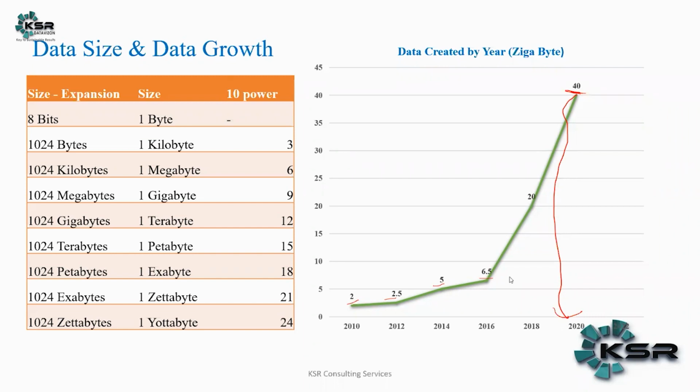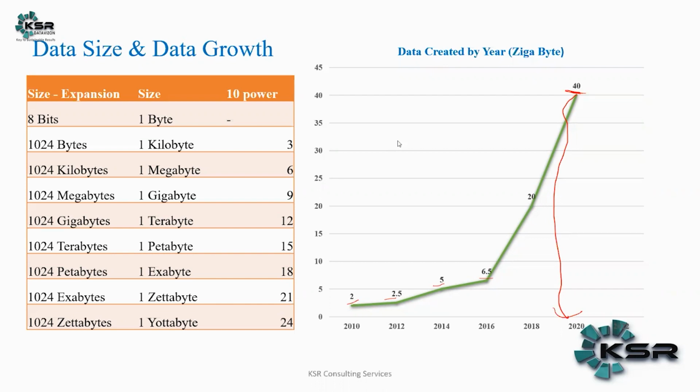But the thing is, now since everything is digitalized, a large volume of data is getting generated. If you go to Twitter and tweet anything, at the back end some data is generated. You like something on Facebook, at the back end some data is generated.